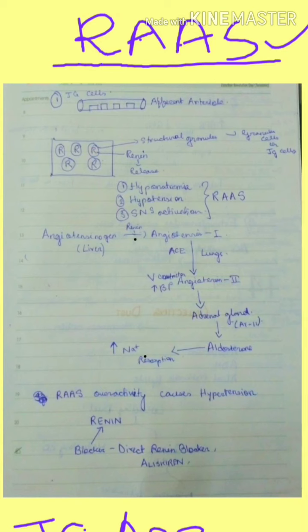So first we will see the function of JG cells. Here this is the afferent arteriole, and JG cells are present like this. We are not taking all the cells; I'm drawing here a single JG cell.